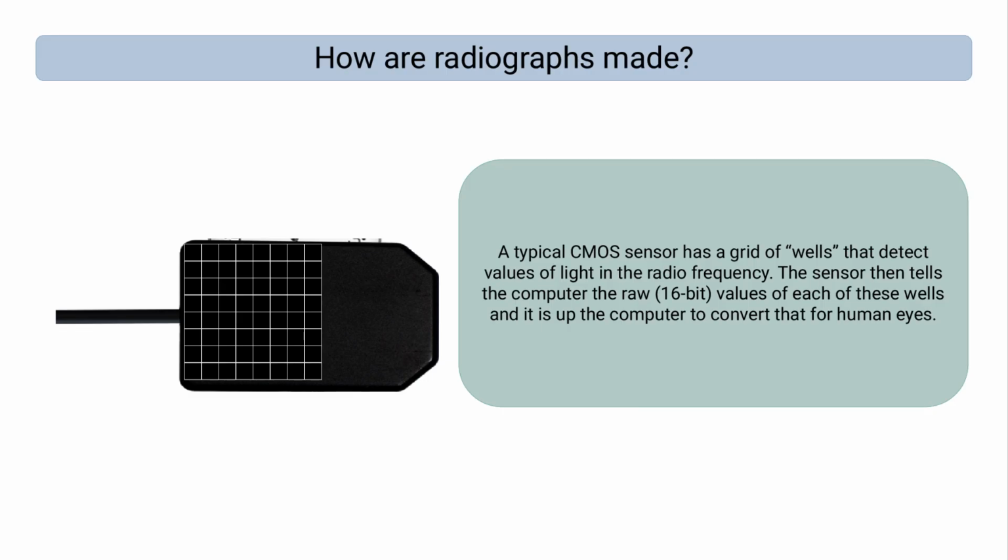So you still have the same idea of different values for each pixel, and then they are still transferred to the computer the same way as any other regular photograph, but they have to be translated from that frequency of radiology to the visible spectrum so we can actually see it with our own eyes.